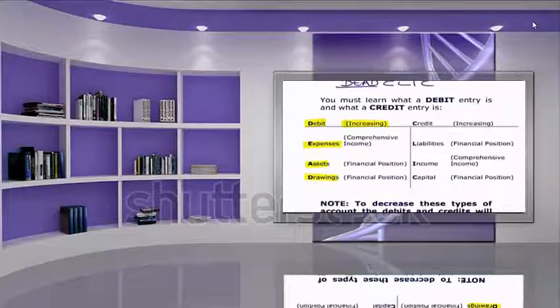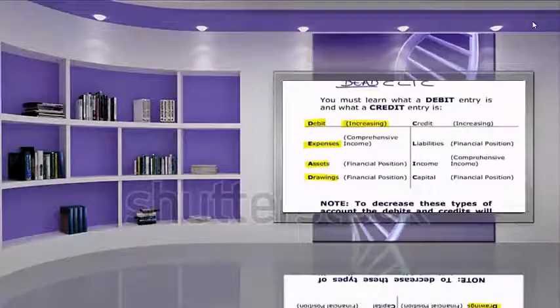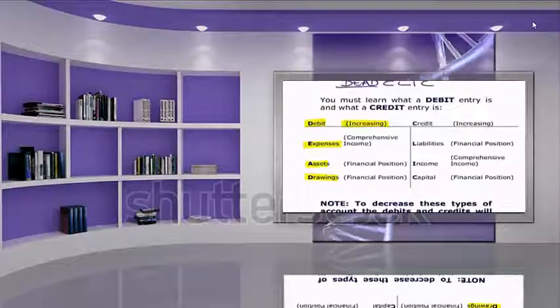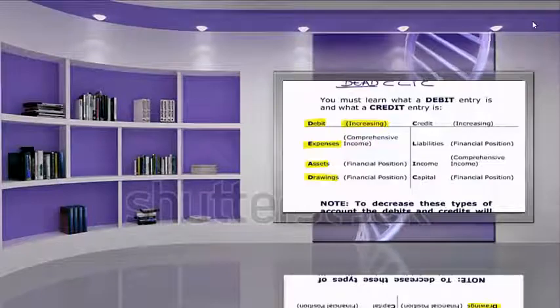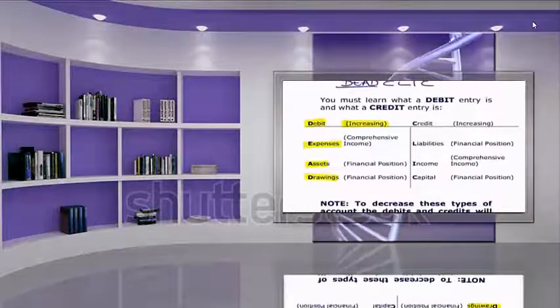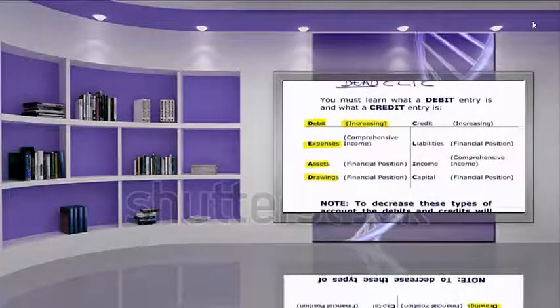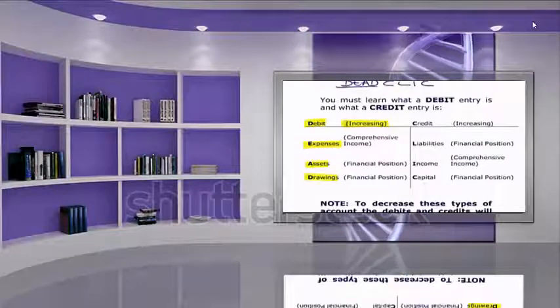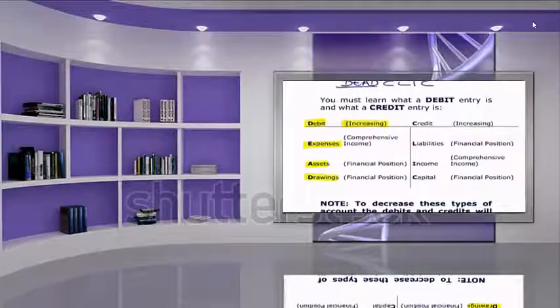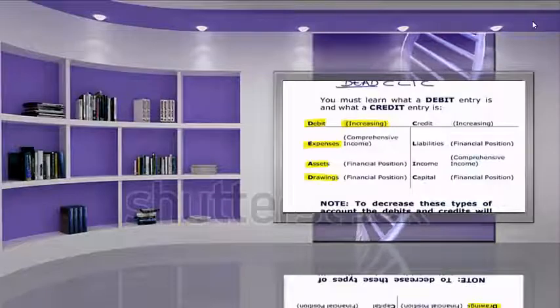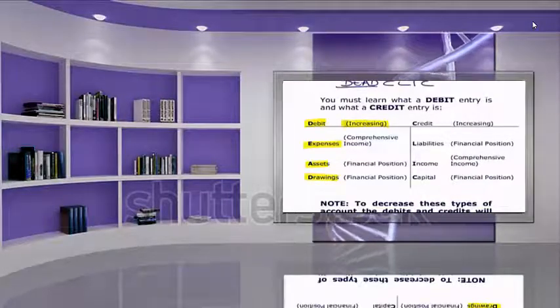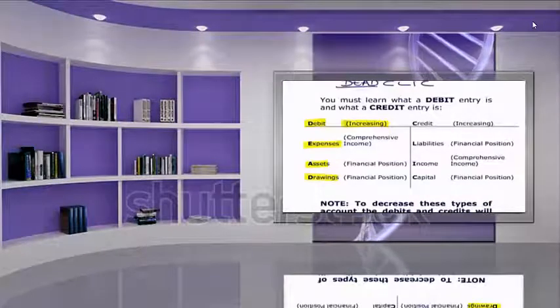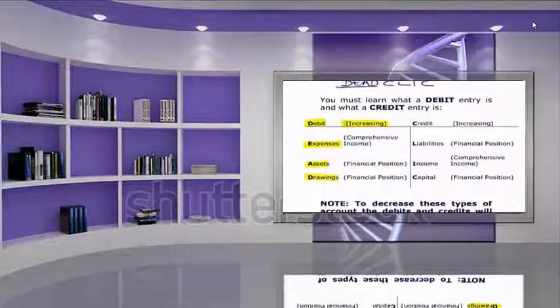So on the debit side, expenses. An increase to an expense would go to your statement of comprehensive income, to establish the profit or loss for the business for the year. Assets appear in your statement of financial position at the year-end date.